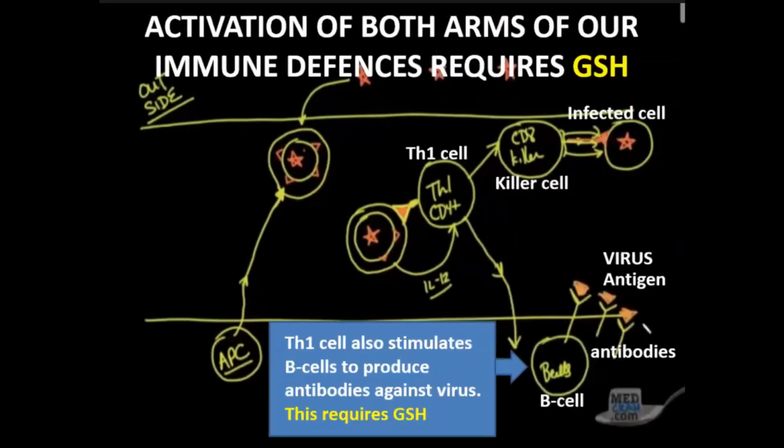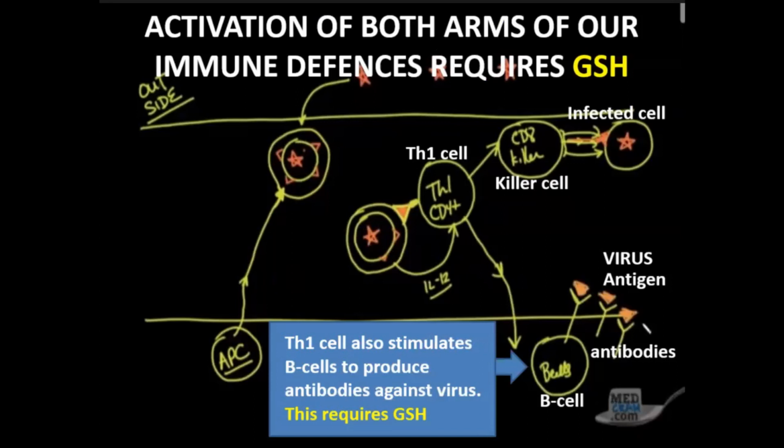Okay. At the same time, remember that the TH cell, after being activated by the APC, also activates the other arm of our immune defense. Also activates the B cells. TH1, or the T helper cell 1, also stimulates the B cells to produce antibodies against viruses. And this also requires glutathione.